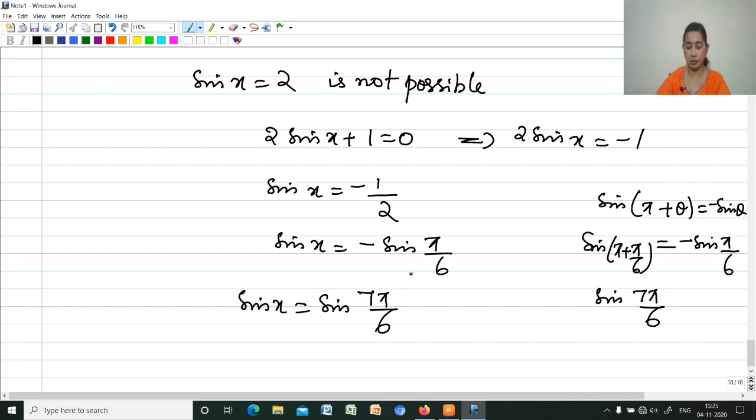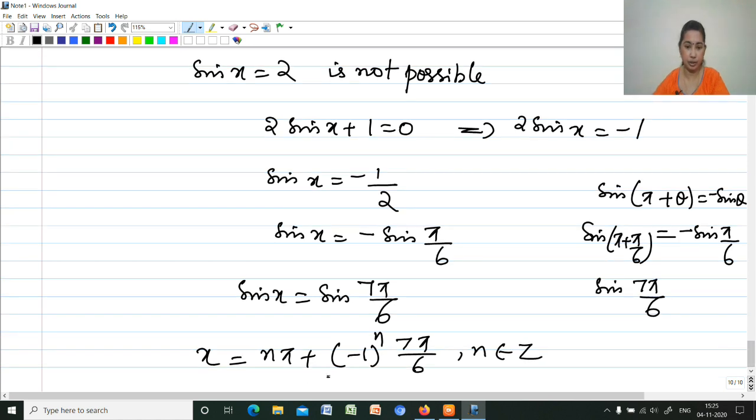So sin x equal to sin y implies x equal to n pi plus minus 1 raised to n into y, or here x is equal to n pi plus minus 1 raised to n into 7 pi by 6, where n is an element of z. So that is the general solution of the given question.